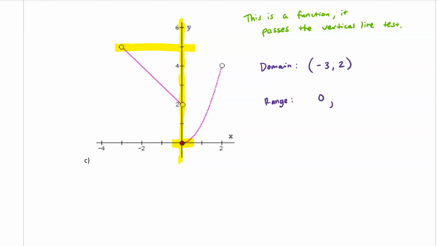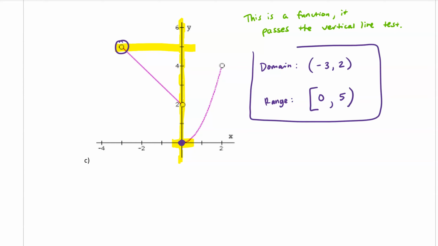So the smaller number that we're dealing with is 0, and the larger number that we are dealing with is 5. And because there is a closed circle at the origin at the point 0, 0, we have to use a bracket because 0 is included in our range. But because there is an open circle when y equals 5, we need to include a parentheses. So let me just box our final answer there. That is our domain and range for this example.